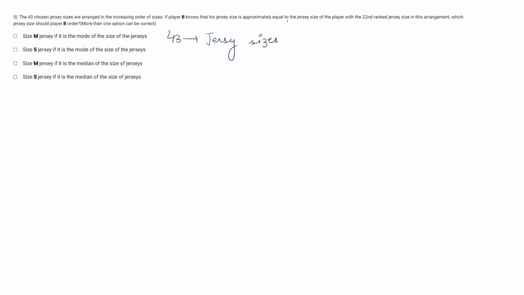If player B knows that his jersey size is approximately equal to the jersey size of the player with the 22nd ranked jersey in this arrangement, so that means player B says his size is the same as the 22nd ranked jersey size in the arrangement.